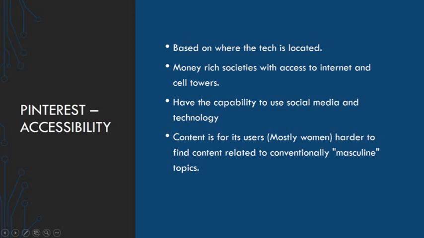However, the content is mostly for the users that are women. It's harder to find some content related to conventionally masculine topics, like when I did a search for car repairs. They usually just popped up car repair manuals and not as much instructions on how to fix the car itself.